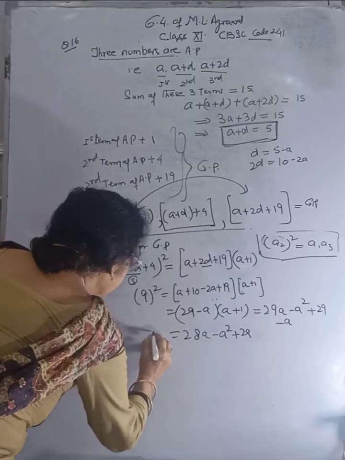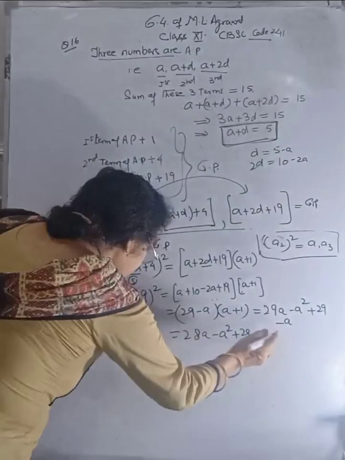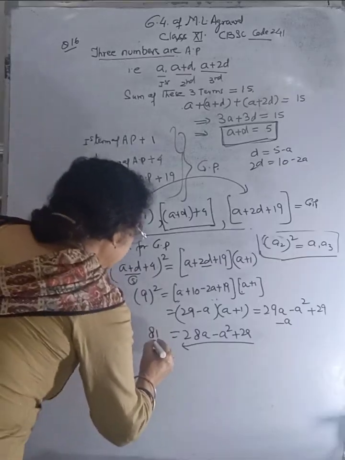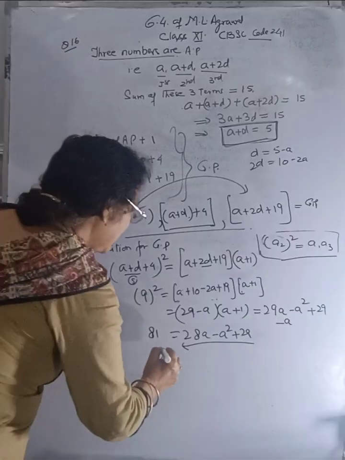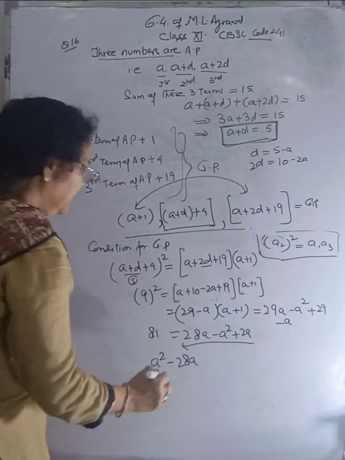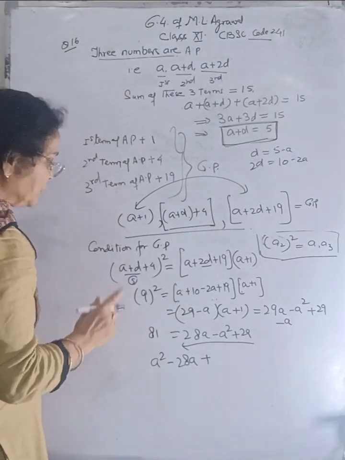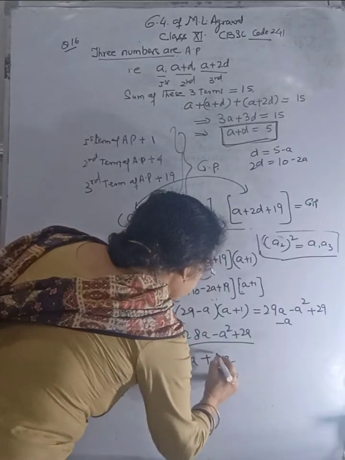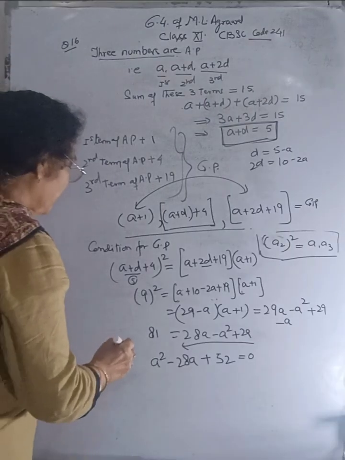This is 81. Now we have a quadratic equation in terms of A. All these terms we bring to the left hand side. This will be the equation A square minus 28A plus 81 minus 29, it means 52, is equal to 0. We will have here the two values of A.